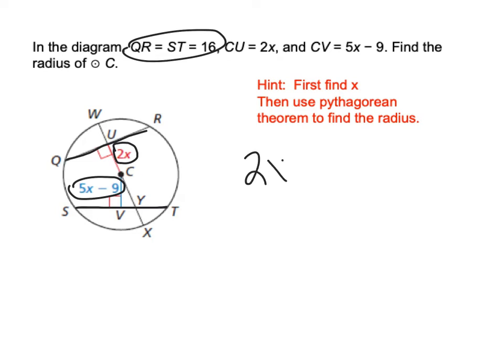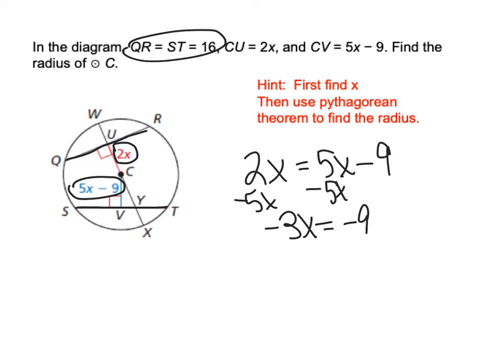So I'm going to know that 2x equals 5x minus 9. And then if I solve for x, I'm going to subtract 5x from both sides. I get negative 3x equals negative 9. So x equals 3.